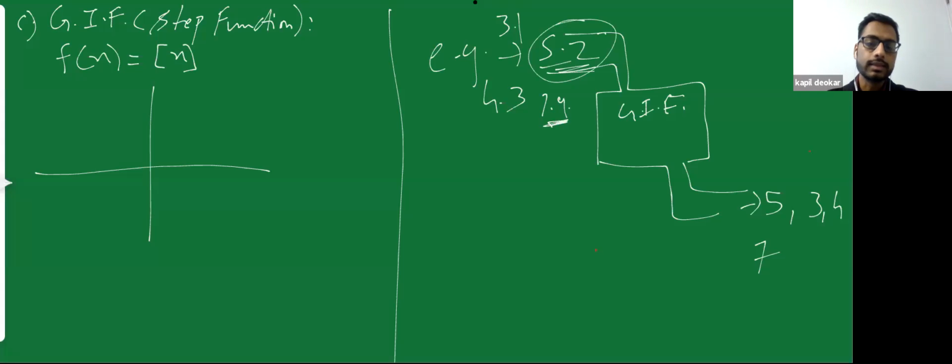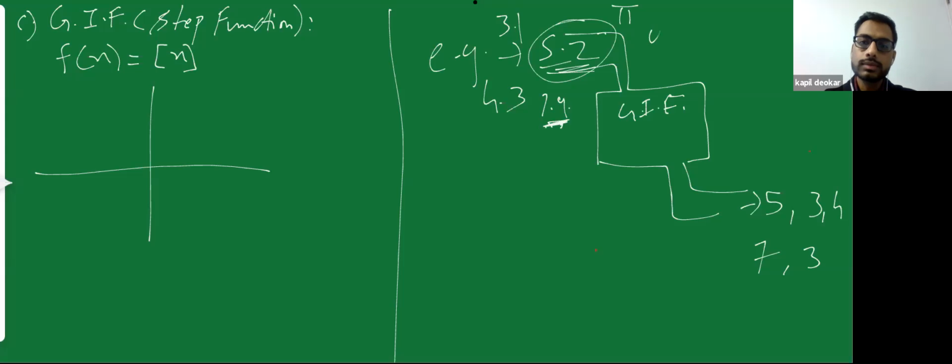Don't increase it. You have to find the closest integer which is less than this number. Pi. What is the value of pi? 3.14. Now if I round it off, what will I get? I will get 3. So what is my greatest integer function doing? It rounds it off to its closest natural number value.